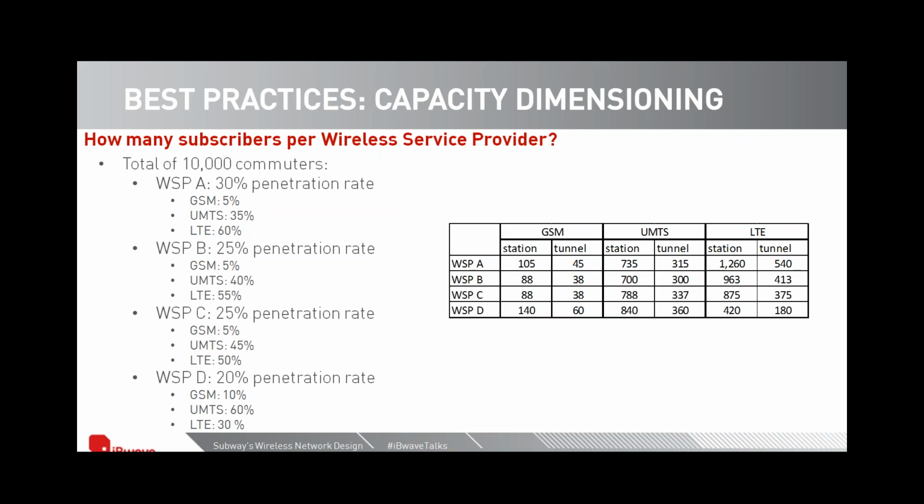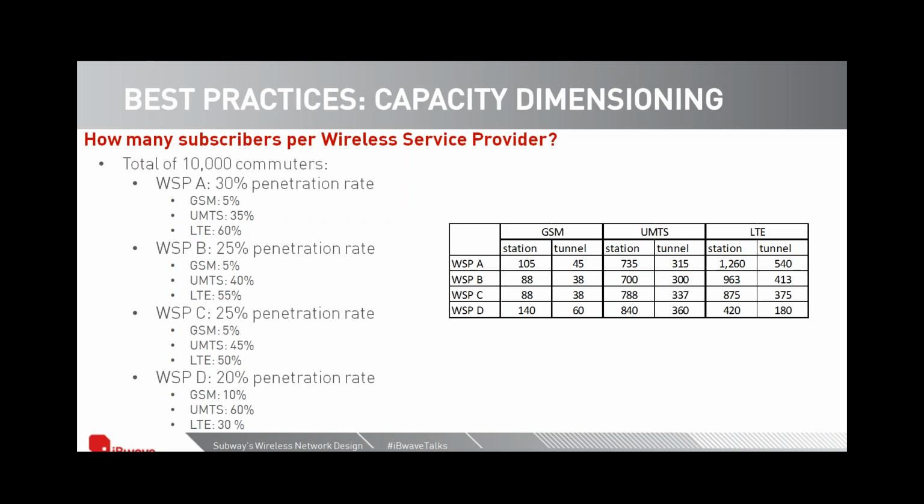We also assumed that the rest are split between UMTS and LTE, which is 3G and 4G. The exact percentage is just a guesstimate. UMTS for wireless service provider A is 35%, and LTE 60%.